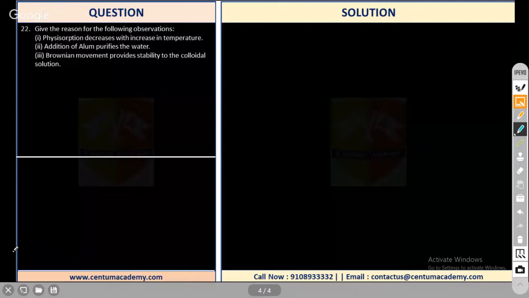Okay, third one, Brownian movement provides stability to the colloidal solution. How?